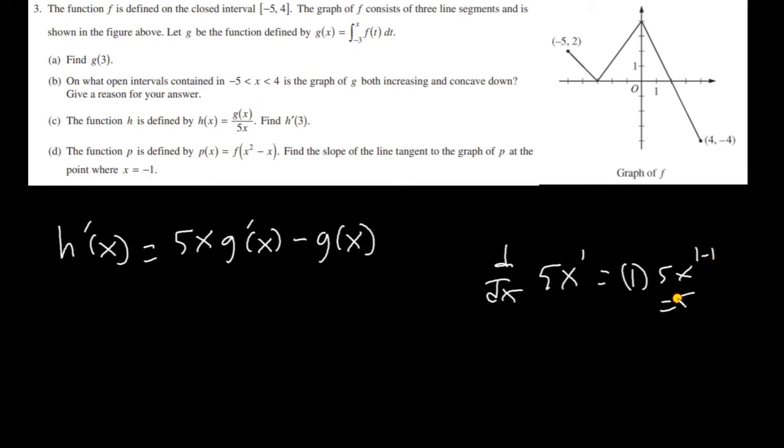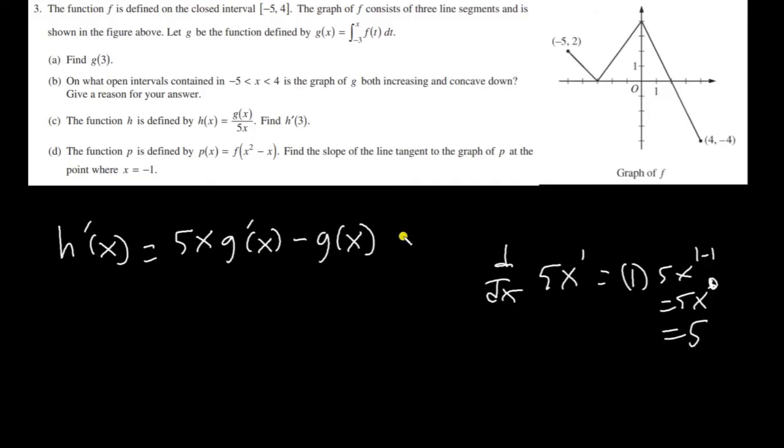times the derivative of the bottom. And the derivative of 5x is just going to be 5, right? Because you have 5x to the 1, and the derivative is 1 times 5x to the 1 minus 1, which is 5x to the 0, which is 5.